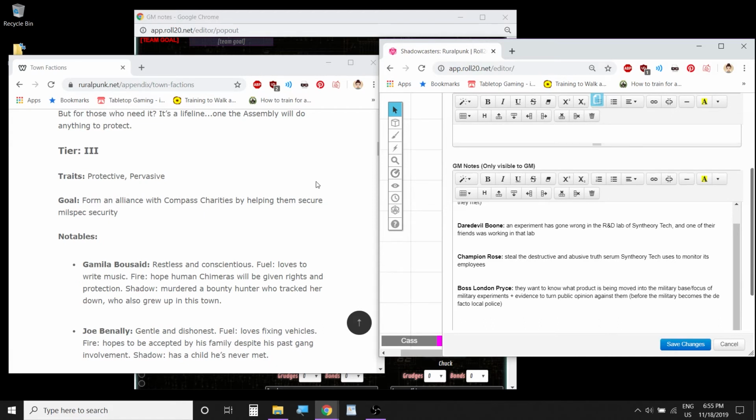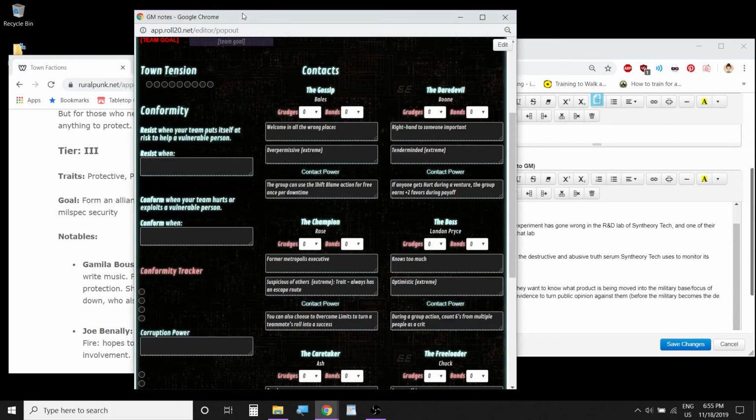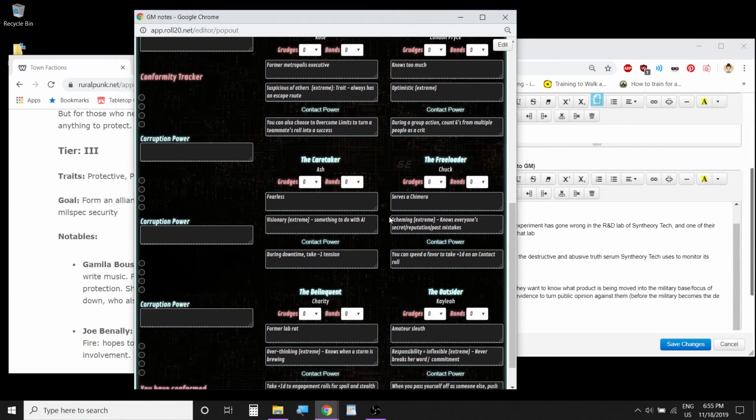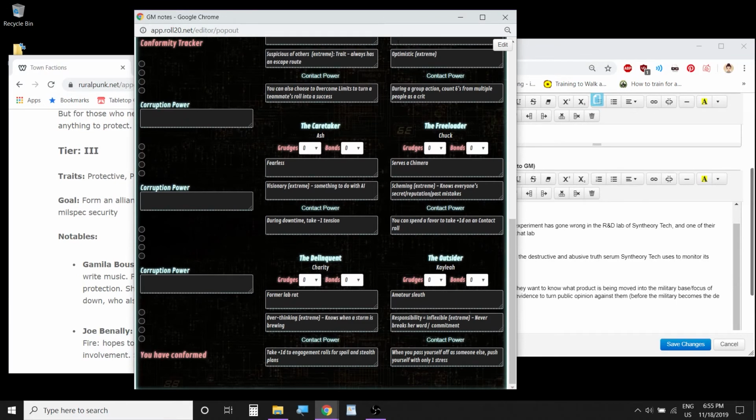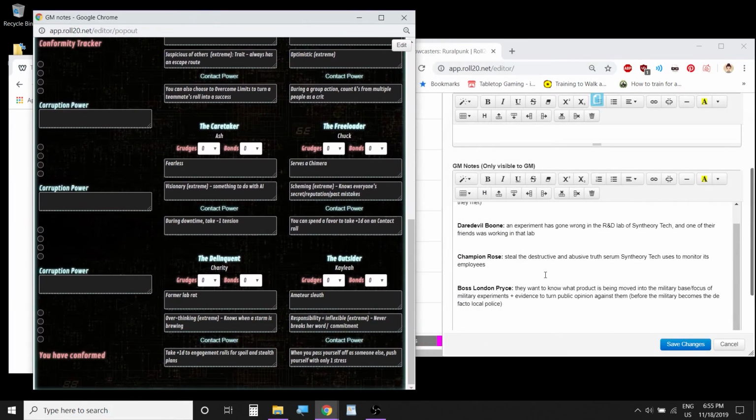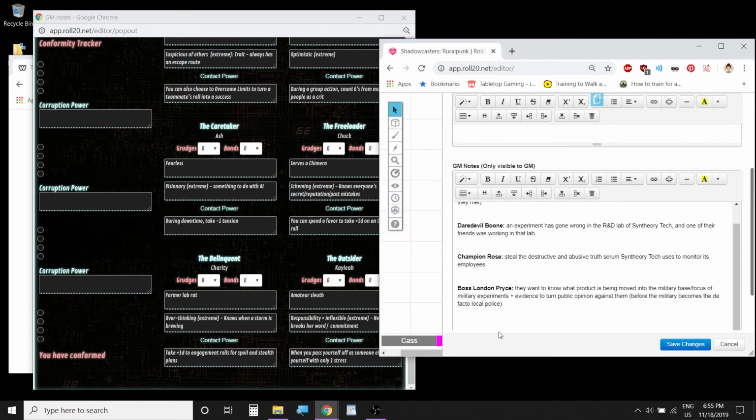And so the military saw how some of the gangs were acting, and sort of volunteered, just started acting as police. So the boss, London, not a huge fan of that. So it might even be just evidence to turn public opinion against them.